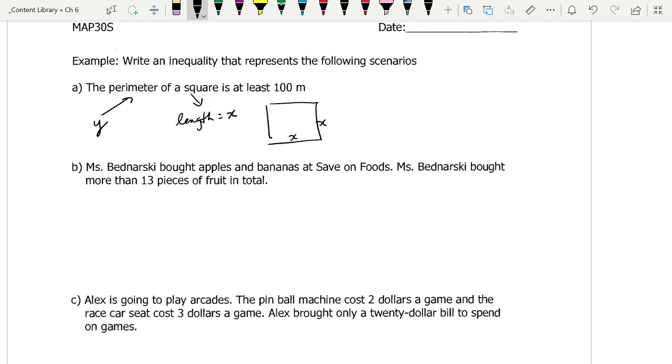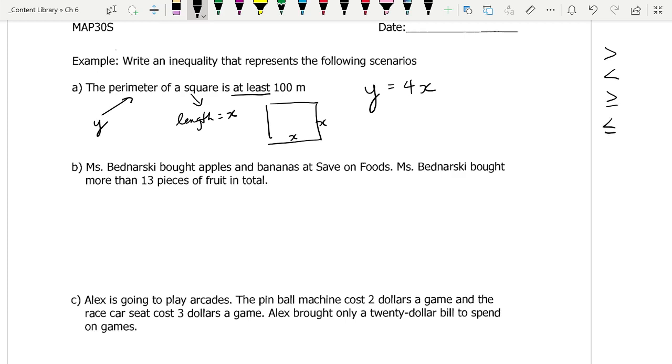And what do we know about perimeter? Perimeter y has to equal 4x. But I know the perimeter is at least 100. Now, which symbol do you think at least is? You have 4 to choose from.